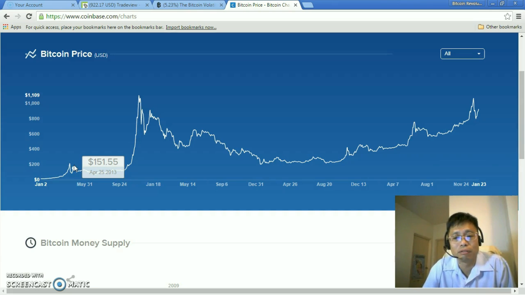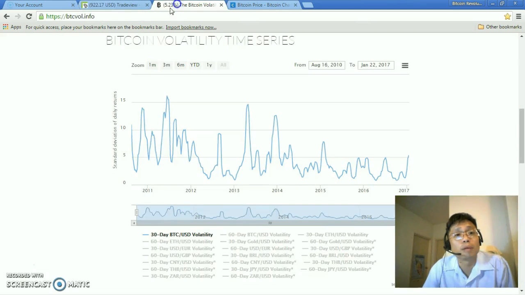So talking about volatility, let me refer to a website called btcvol.info. On this website, it shows the Bitcoin volatility index that we have over the years. As you can see on this site, I refer to the 30-day BTC USD volatility.